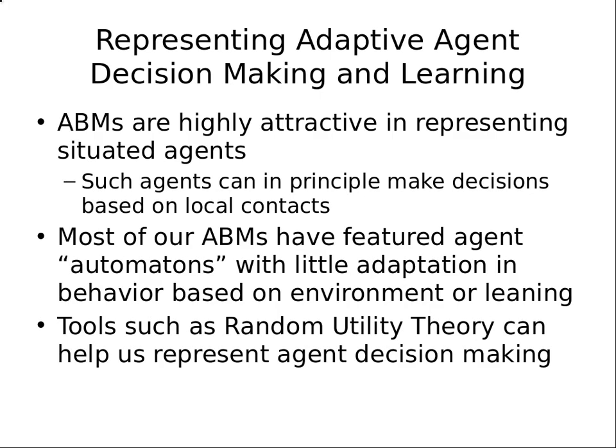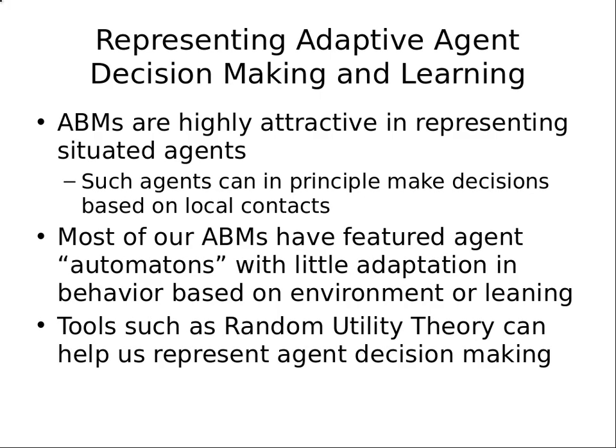Now, the problem is that in many agent-based models, the rules that agents follow, the choices that they make, are guided by impoverished representations of their decision-making. In many cases, those agents behave in a probabilistic fashion and simply make decisions with certain probabilities of occurrence.